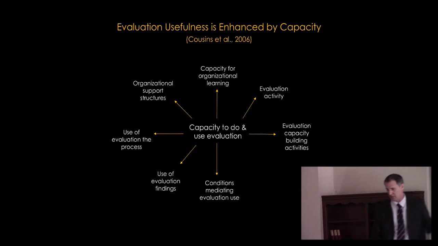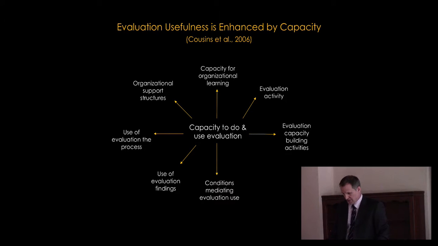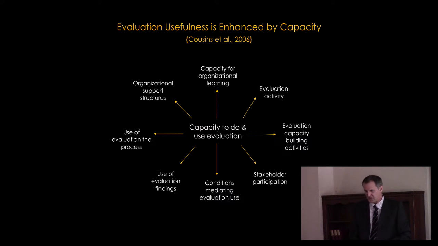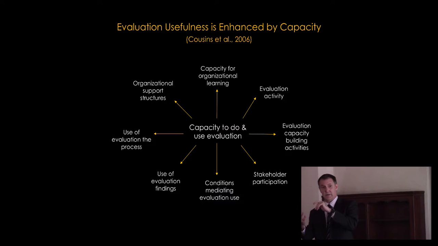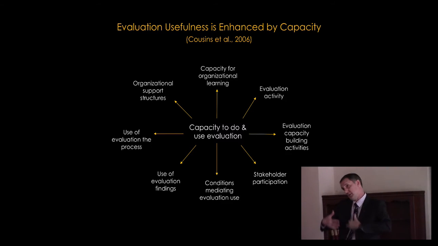If certain conditions mediating evaluation use are in place, conducive collaboration within an organization, teamwork, conducive communication, if leadership behaves in this particular way, and if there's stakeholder participation, then the claim is that if you go and do evaluation there, evaluation findings will have more of an impact, but also people will benefit from being involved in the evaluation process.